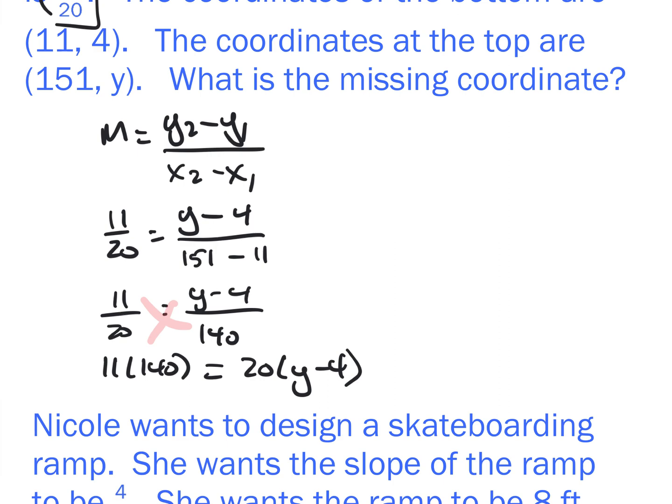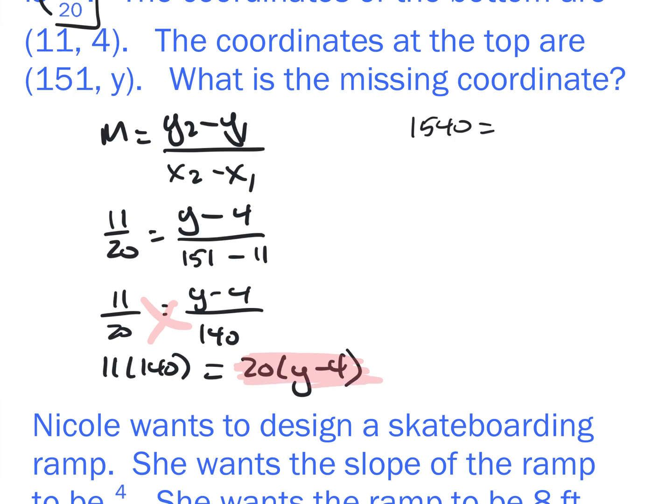Well, let's see here, 11 times 14 is 154 plus a 0, so it'll be 1540. So 1,540 equals, now here's the tricky part, what do we do with 20 times y minus 4?